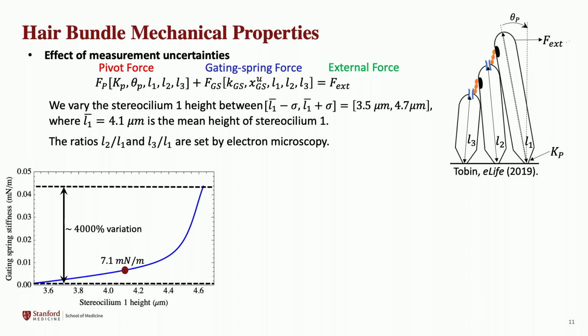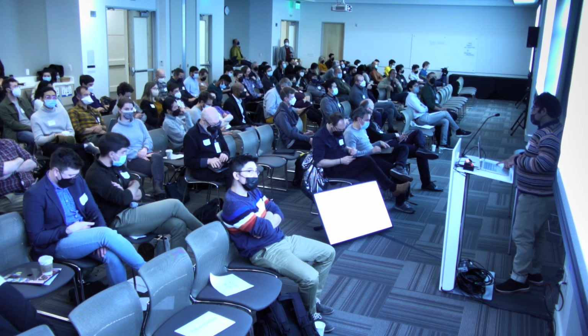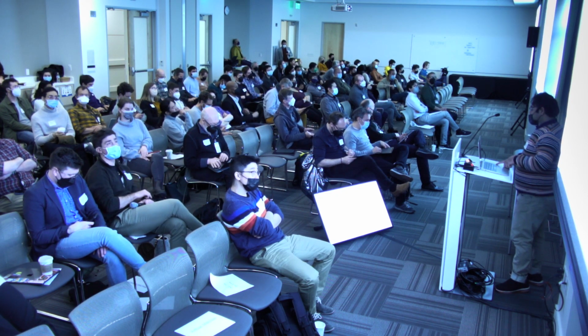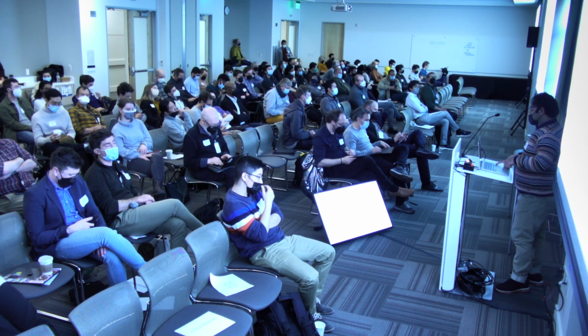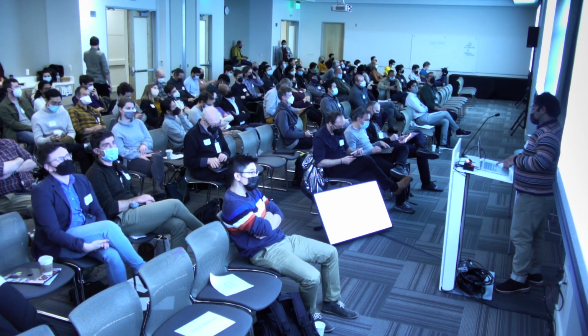What we observe here is that there is around 4,000% variation in the estimated value of the gating spring stiffness within one standard deviation of the mean height, which indicates that the uncertainty in the gating spring stiffness that corresponds to this morphological uncertainty is around 4,000%, greater than 4,000% in fact.